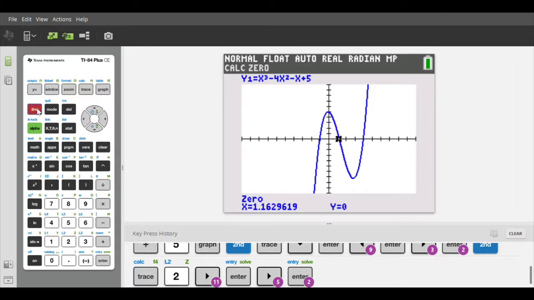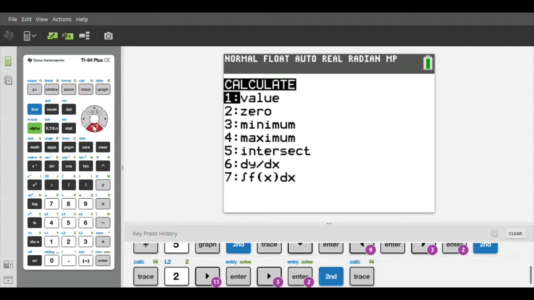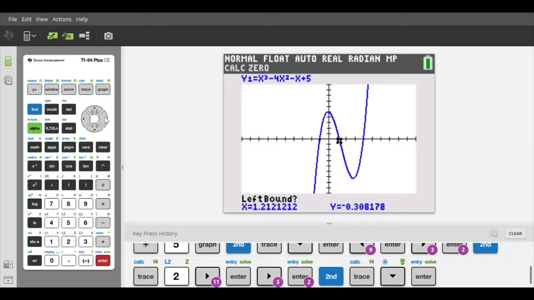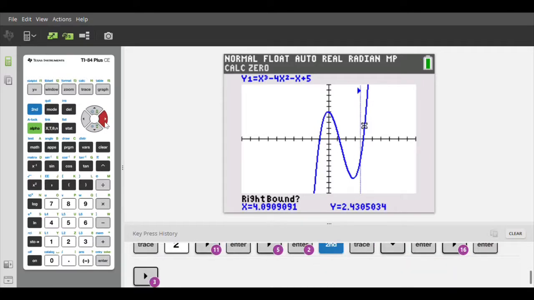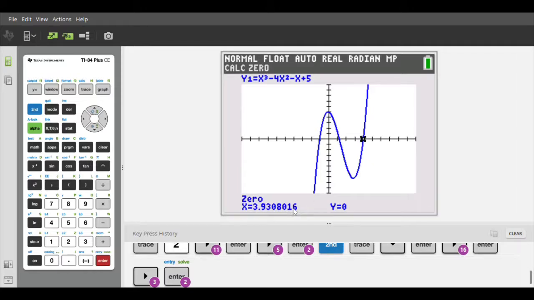so we'll hit second trace, option 2, and now we're going to move to the left of it. We're already to the left of it. We're going to move a little closer, and we hit enter. We go above it, we hit enter again, and our third zero is at 3.930. We can round that as well.